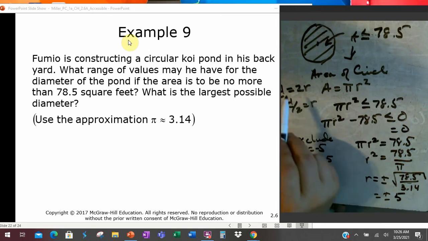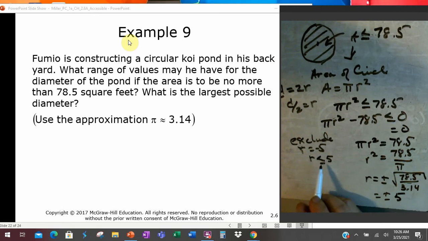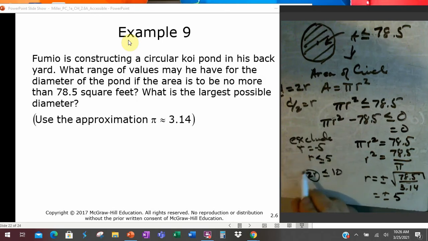I want it in terms of the diameter. So I need 2r. If I multiply both sides by positive numbers, I don't have to switch. 2r is less than or equal to 10, and this is the diameter. So this would be in feet.